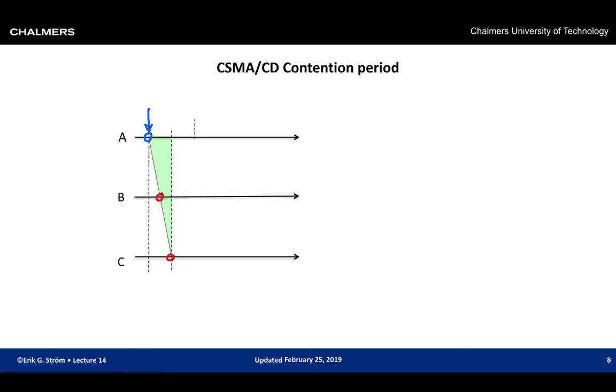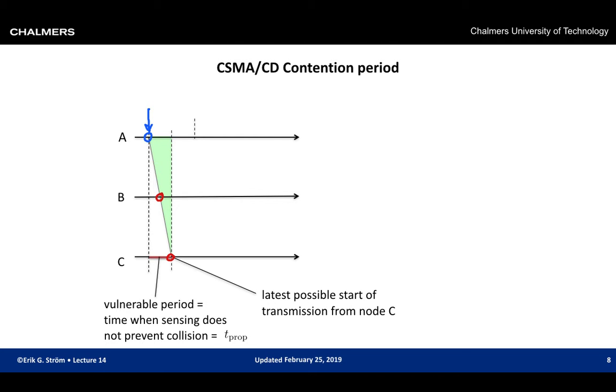If we look from C's perspective, during the time from when the frame started to be transmitted from A until it has arrived at C, C is unaware of A's transmission. If C senses the channel during this time, it will think it's idle and then would transmit its frame.